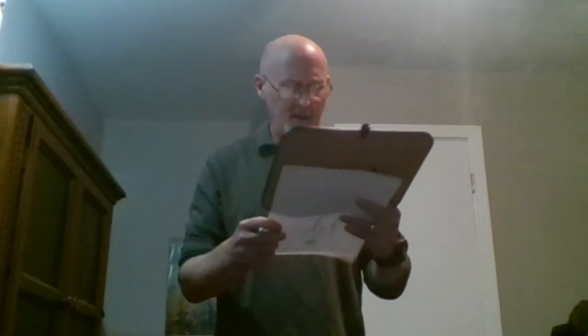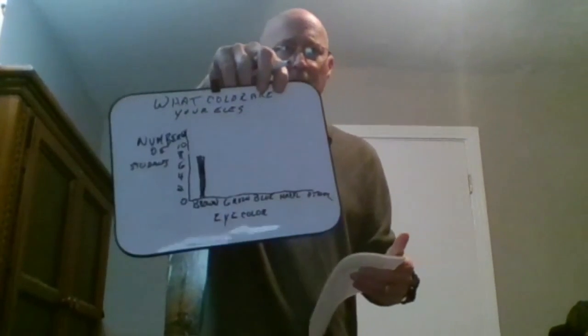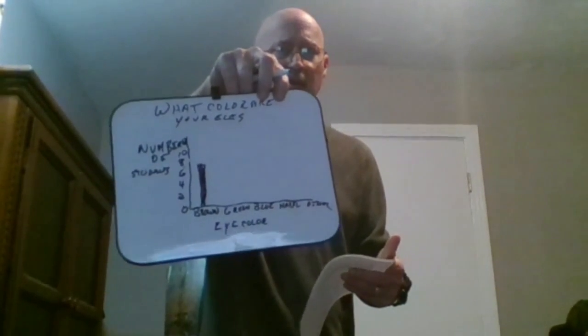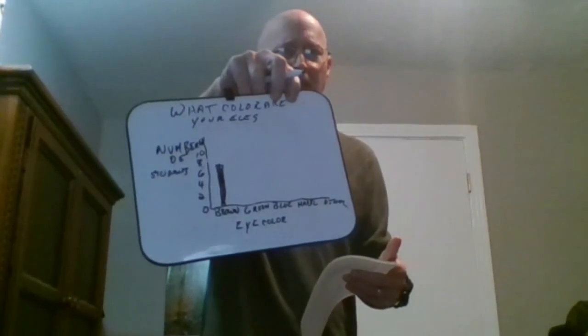Right there on the side. Next, I'm going to color in the number of students whose eye color it has. We have 7 students with brown eye color, so I'm going to put it up to 7. I'm going to shade that in. 7. A little less than 8, a little more than 6.